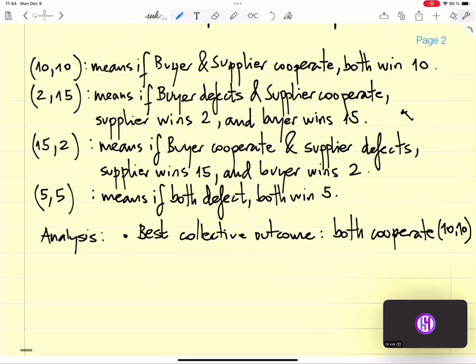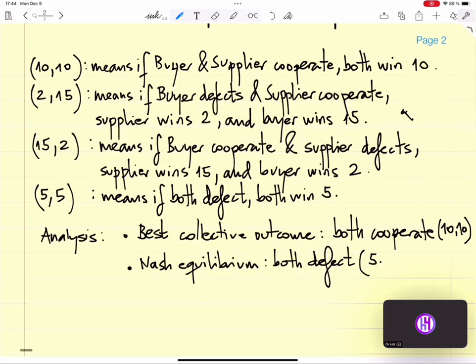And then the so-called Nash equilibrium is that both defect.